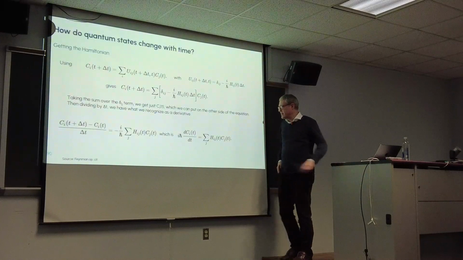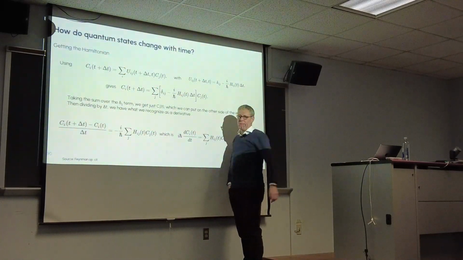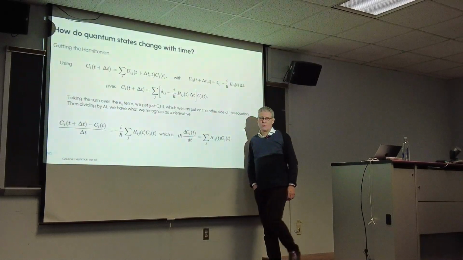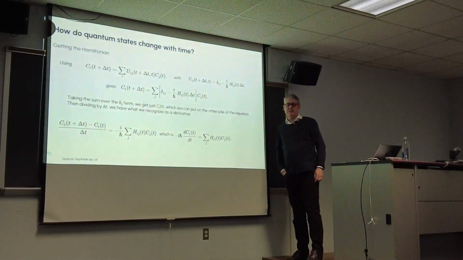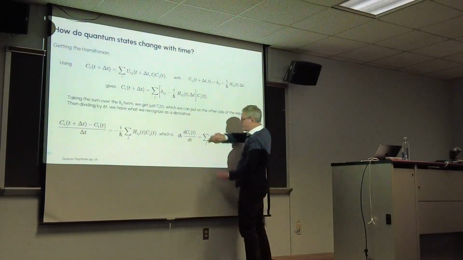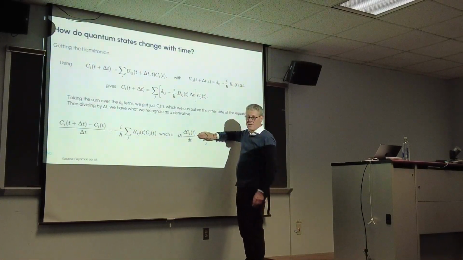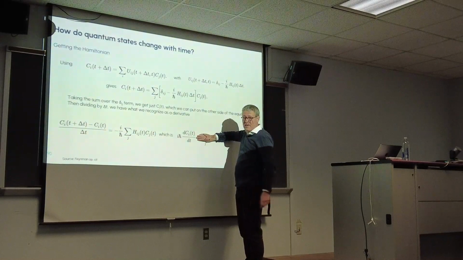This here gives me the change of amplitude with time. But where does probability come in here? Probability comes in here because, now I've calculated all this, I get this, and this is a complex number. Remember, I have an i here. So this is now the amplitude.